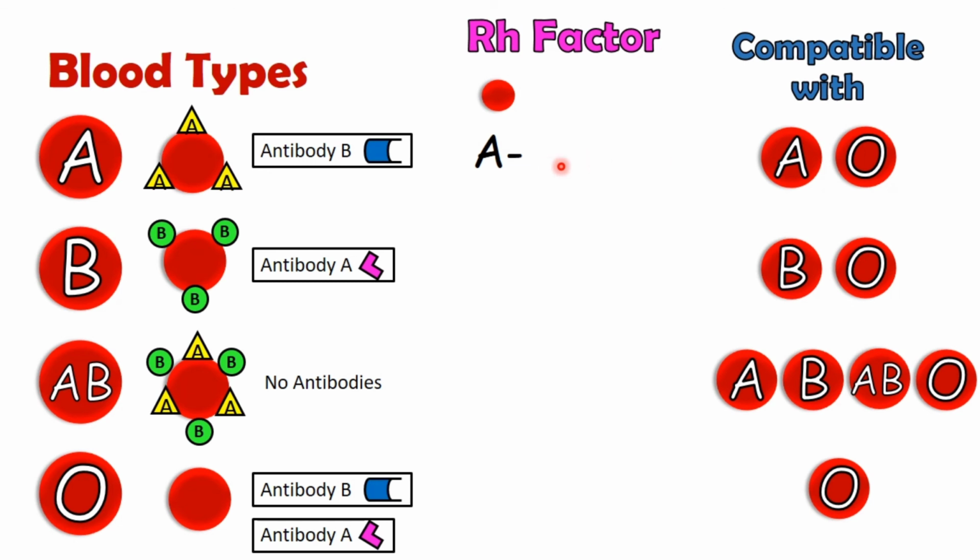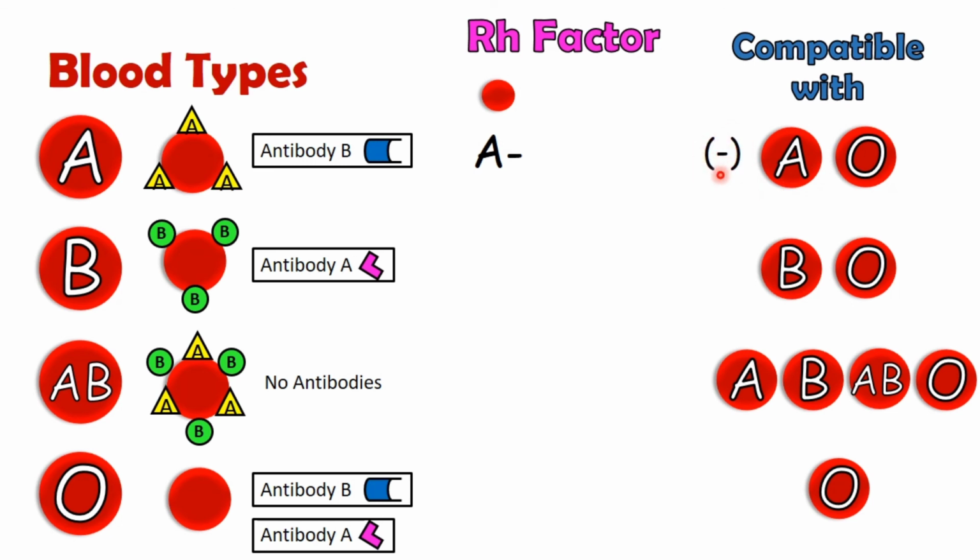Let us see here: A negative will be compatible with only negative blood types. It will be compatible with negative A and negative O only. There are no positive blood types, meaning that A negative cannot receive blood from positive blood types. It can only receive from negative blood types only.